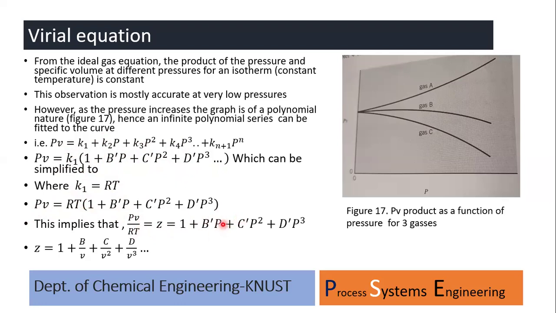Then we can put in the expression for P as V over RT and simplify to get what we have down here. We will write out the proof step by step and send it to you as well, but these are the expressions we use.